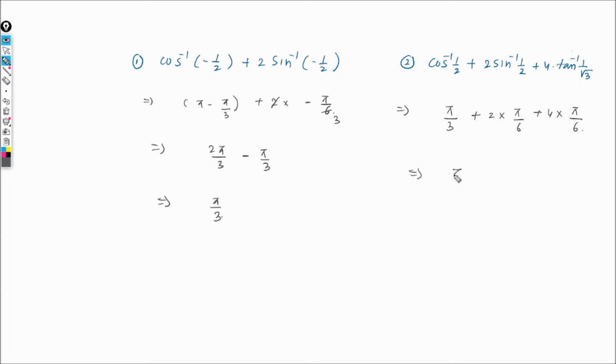So this implies pi by 3 plus 2 ones are 2, 2 threes are 6, it is pi by 3 plus 2 pi by 3. So this implies pi plus pi, 2 pi plus 2 pi, 4 pi by 3.